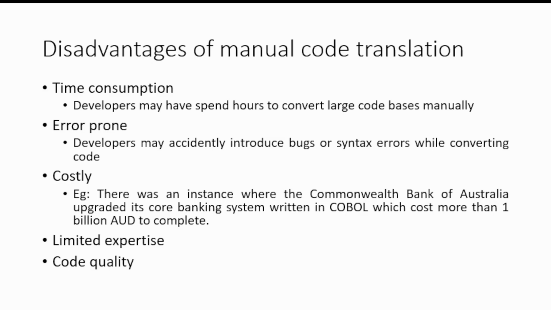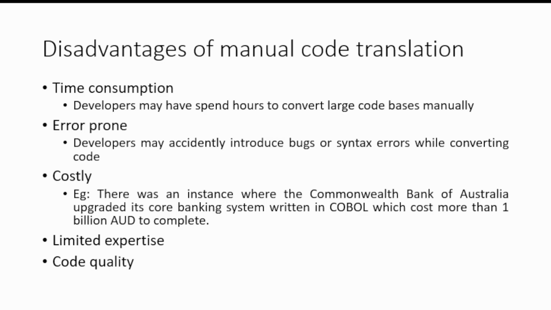As a solution for this, automating code translation is introduced, right? In automating code translation, these disadvantages will be solved. Practically, most of the developers are experts in a few programming languages, but not in every programming language.